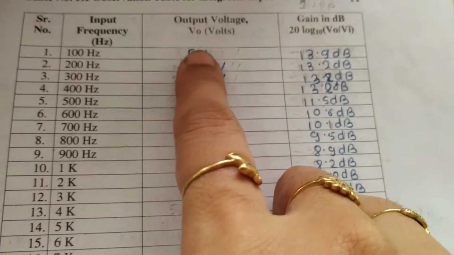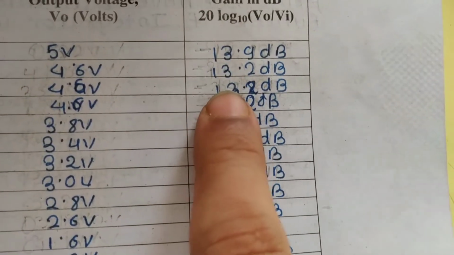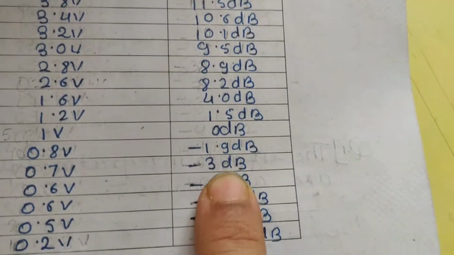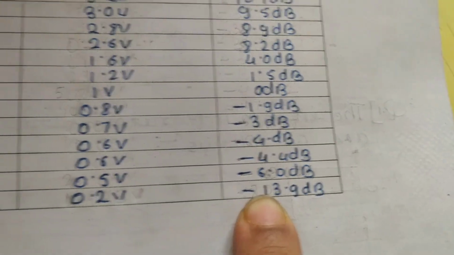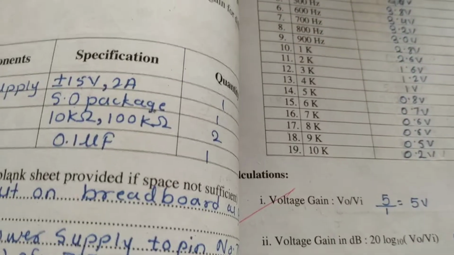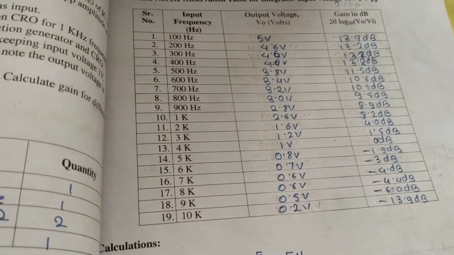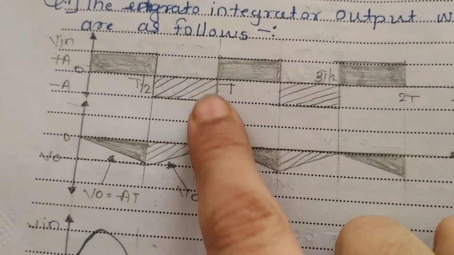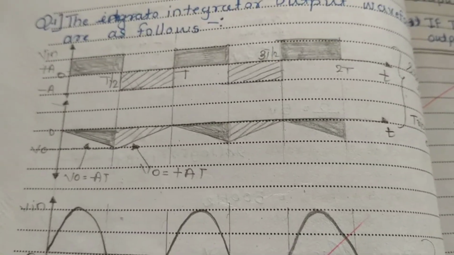So when you convert it into dB, you will see 13 plus, then it decreases and at last becomes minus. So this way you can conclude for the integrator: the gain decreases, and the sine wave gives the cosine output, the square wave gives the triangular output. Okay, so this is all about the integrator.